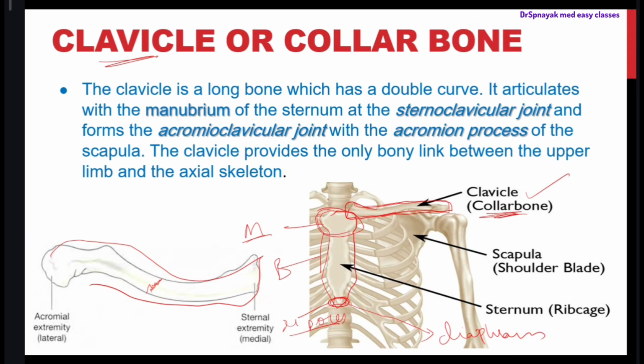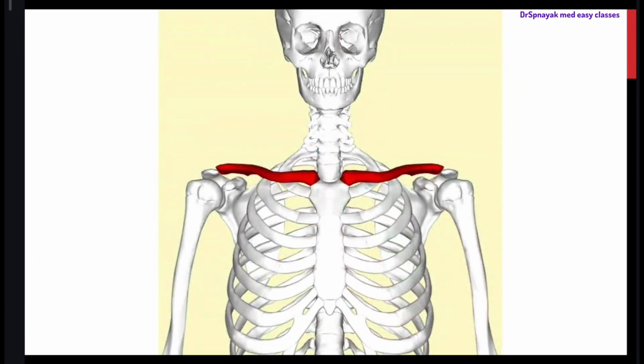On both sides of the head of the manubrium, it will form one joint with clavicle. Clavicle will come and join here, and it will form the sternoclavicular joint. You can see the image for better understanding.